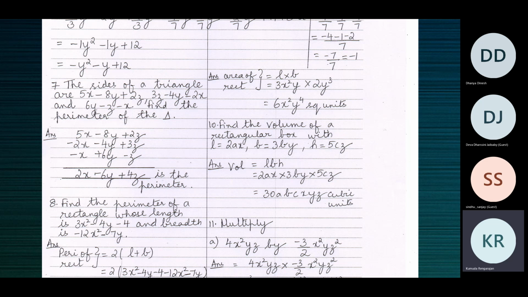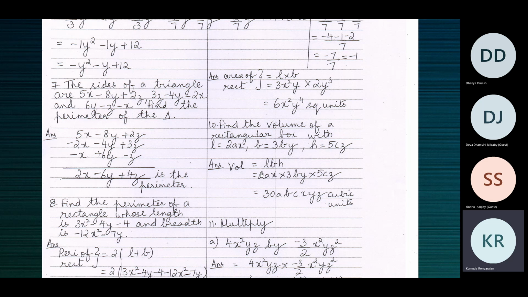When we say XY, it is X into Y. So 5CZ is 5 into C into Z. So it's a product everywhere. 2 into A into X into 3 into B into Y into 5 into C into Z. So it's multiplication everywhere.